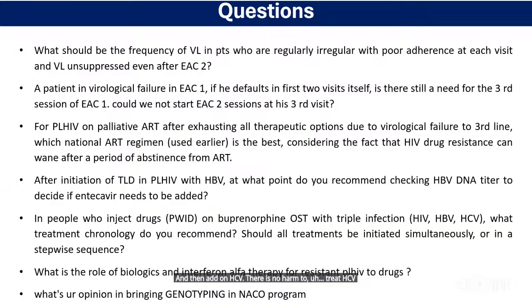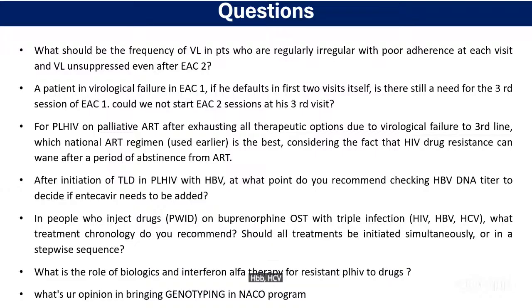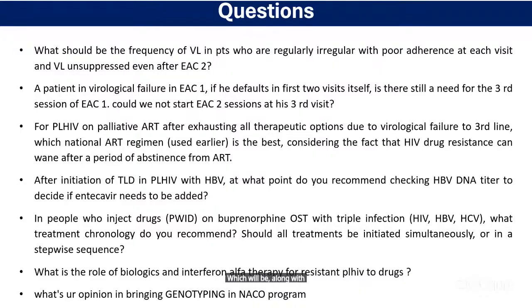Otherwise, in an HBV, HCV co-infected patient, if you treat only for HCV, there might be reactivation of HBV with a rebound of hepatitis B taking place. To prevent that, it's better to start HBV treatment, which will be taken care of along with the TLD regimen, and then add sofosbuvir-daclatasvir or sofosbuvir-velpatasvir. I think that answers the question.